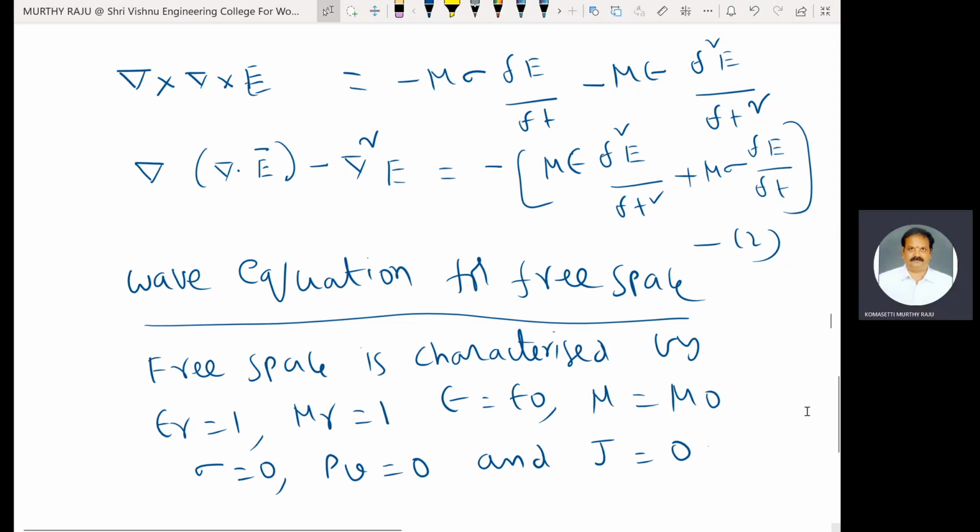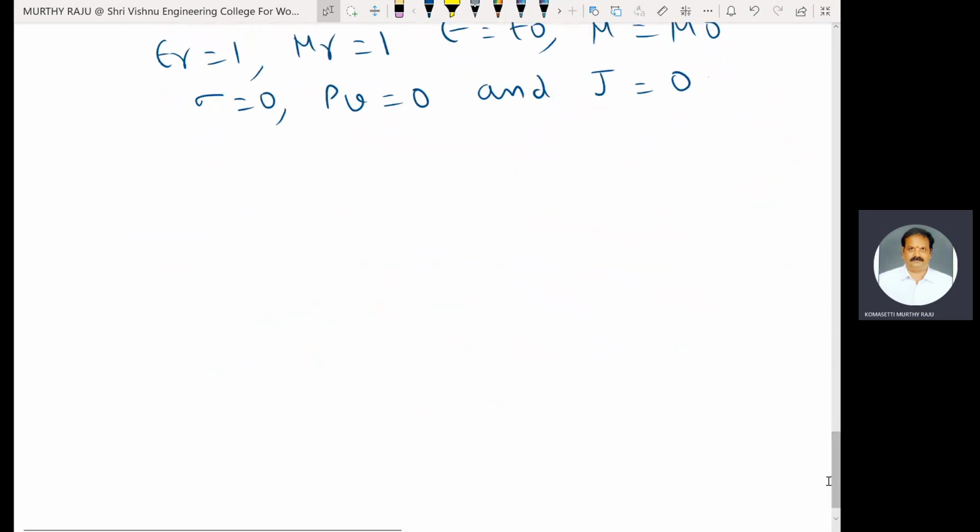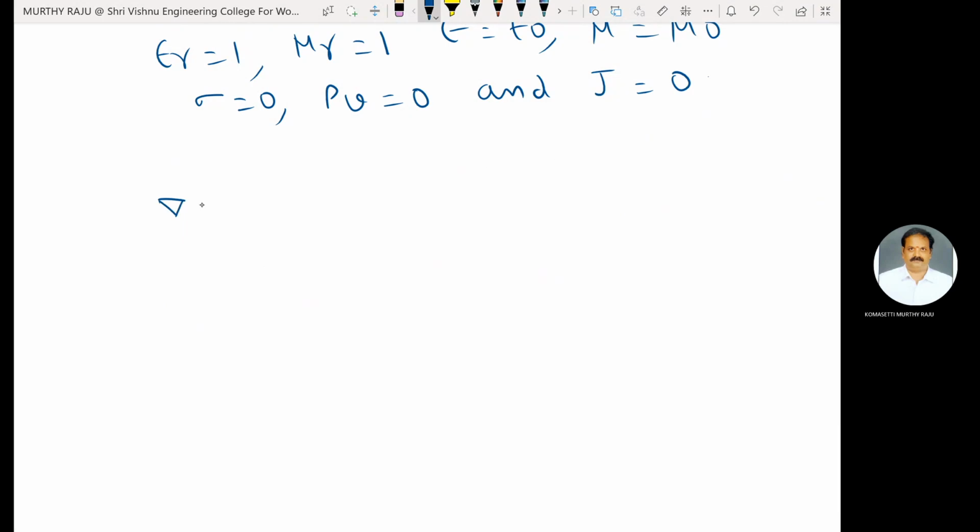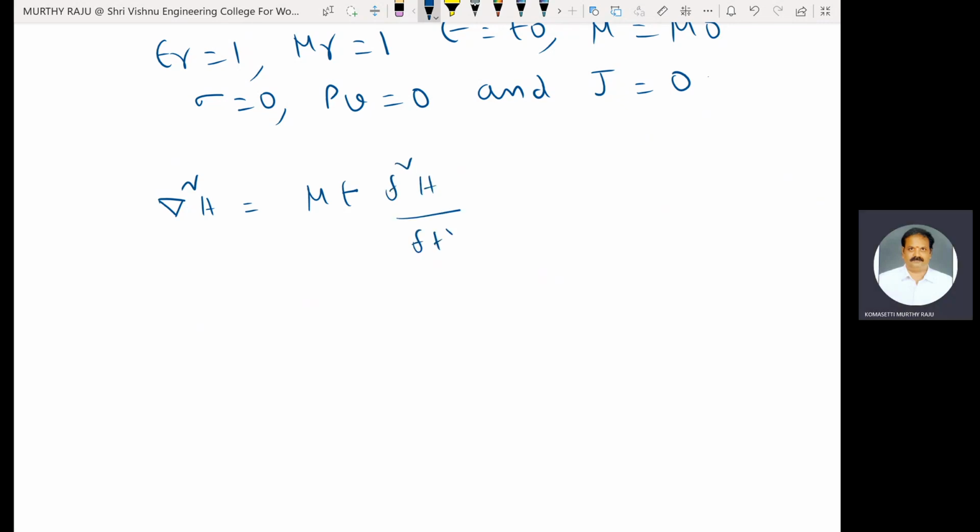First of all, write down the derived equations. First one is del square H is equal to mu epsilon dou square H by dou t square plus mu sigma dou H by dou t.